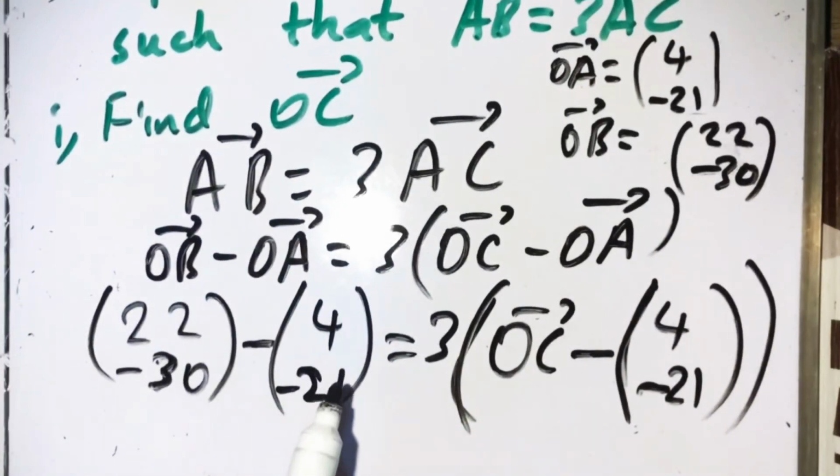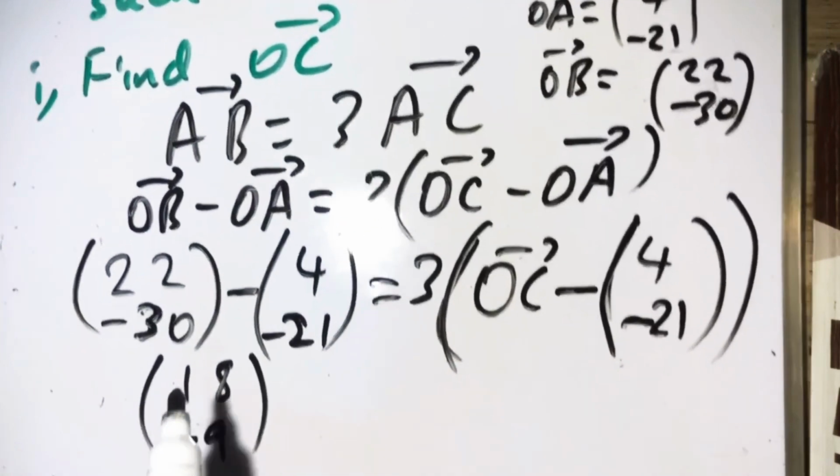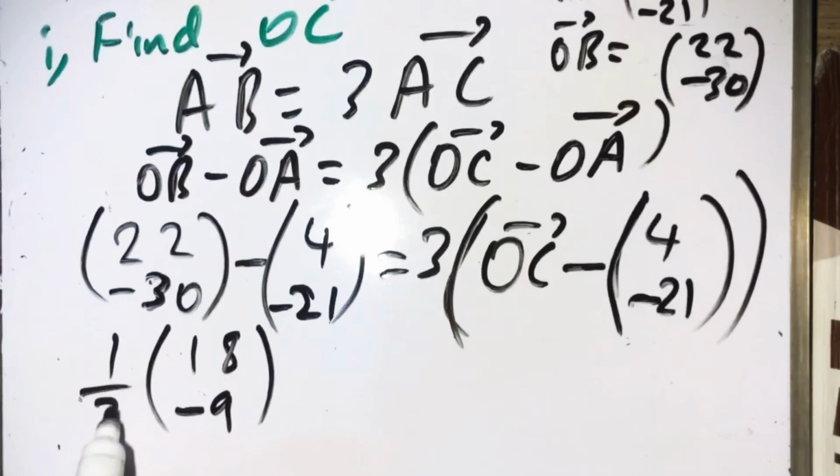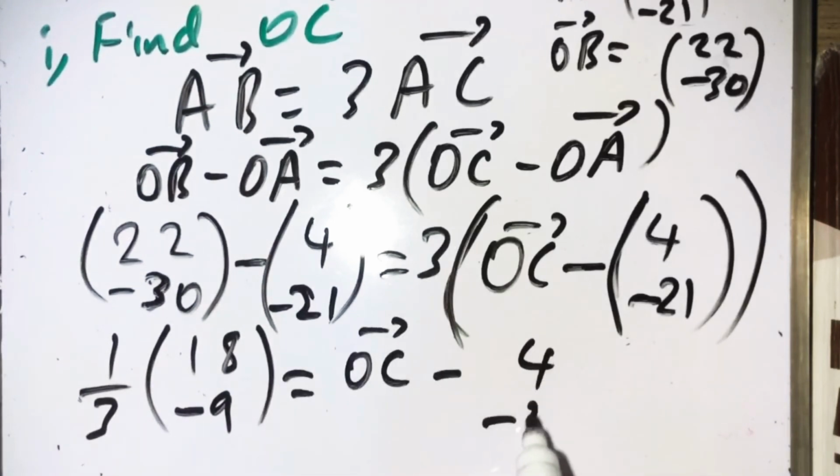Now 22 minus 4 will be 18, minus 30 plus 21 is minus 9. The 3 shifted over here will become 1 upon 3, equals OC minus (4, -21).